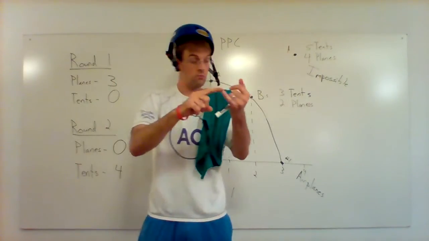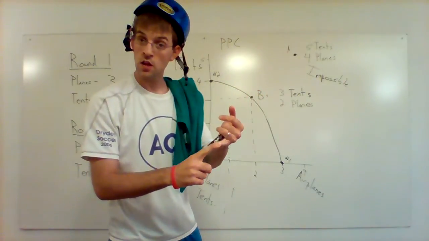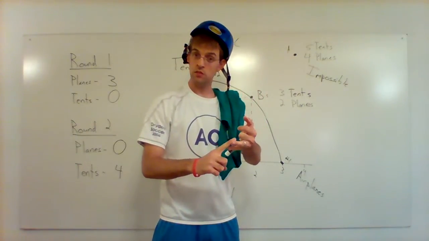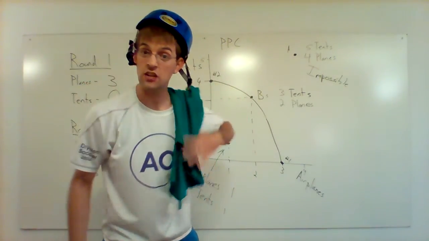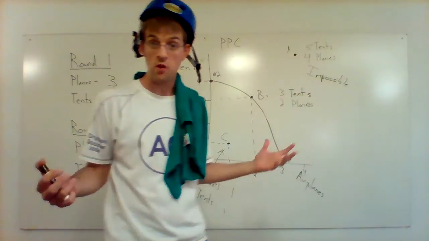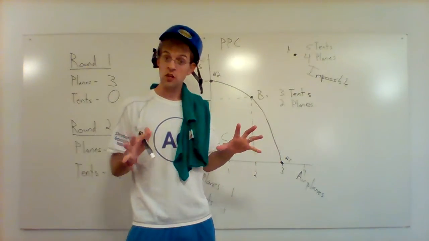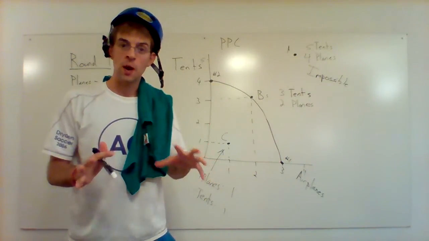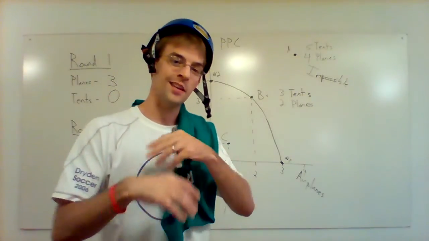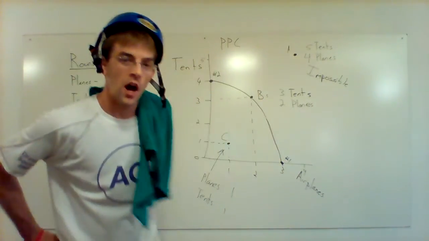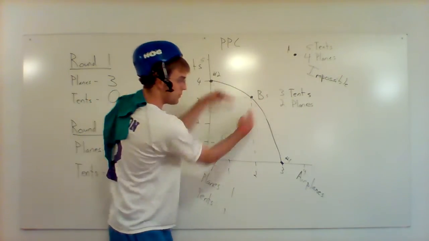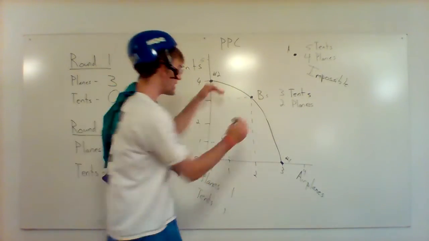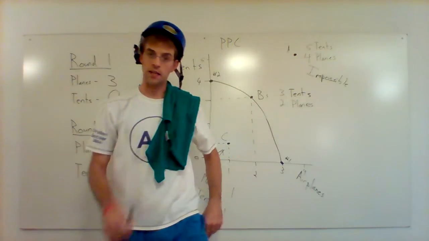You need more paper, maybe, more time, more skills. If I had taught you how to make better, faster paper airplanes, maybe if those things had changed, it would have become possible. But given the resources that you had, it's not possible here. So you get impossible. Anything below is possible. Anything outside of your curve is impossible.